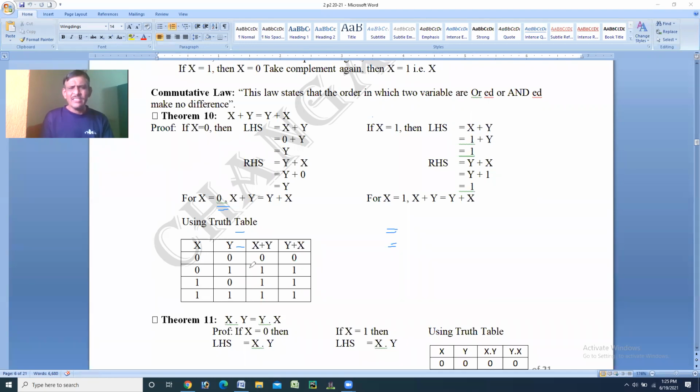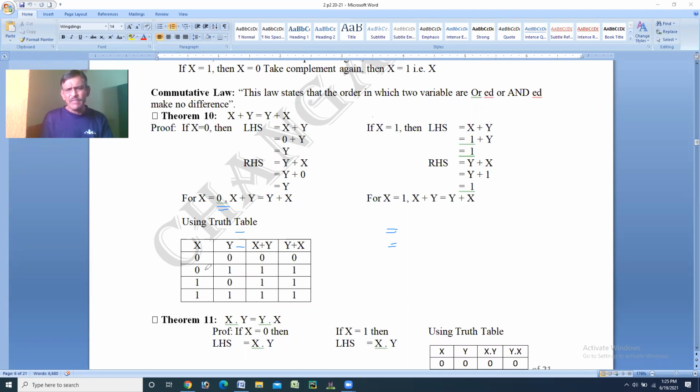Once you have completed these inputs, then perform the required operation depending on the column headings. Now the third column is x plus y. So perform the logical OR operation here. So 0 plus 0 is equal to 0 by the OR relation. Then the second row, 0 plus 1.